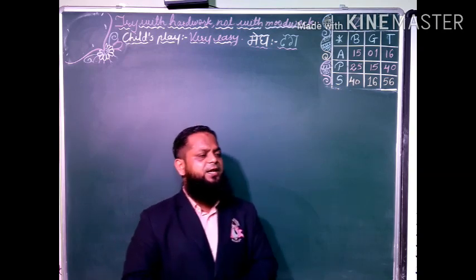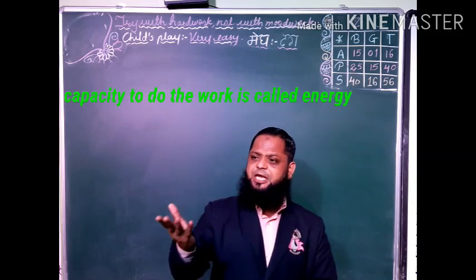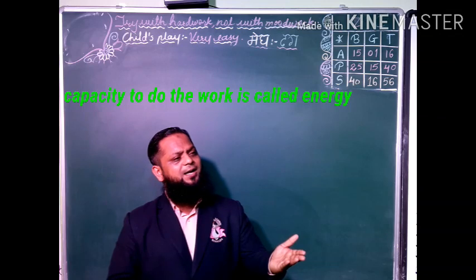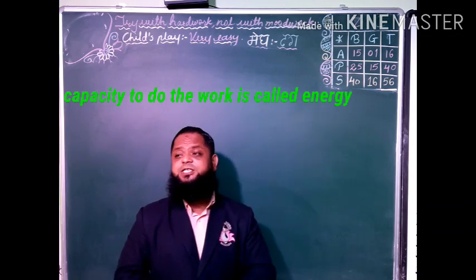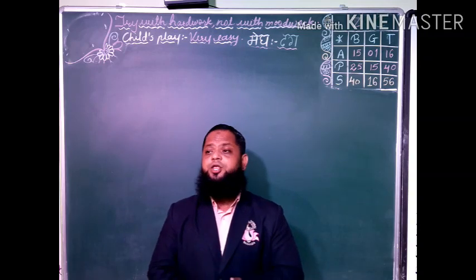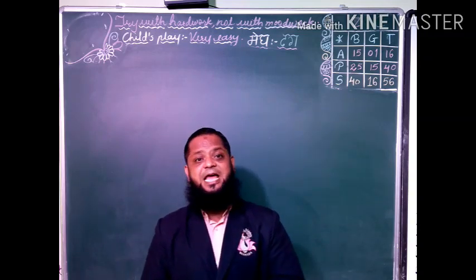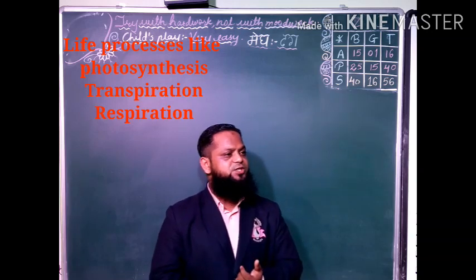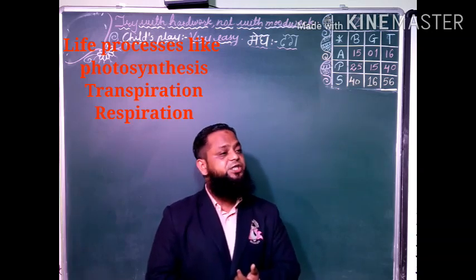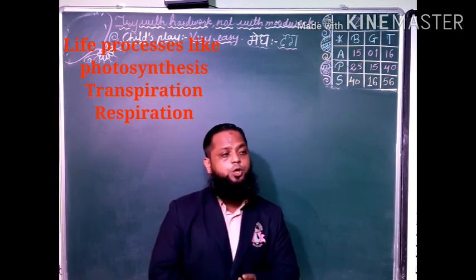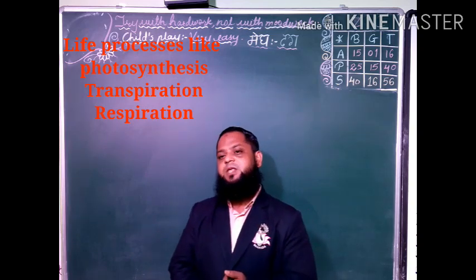We know that energy is nothing but the capacity to do work. So if the plant wants to do work, the plant needs energy. Which work will the plant do? The plant will do the process of photosynthesis. Life processes need energy. Plant is a living thing, so plants will need energy in the process of photosynthesis.